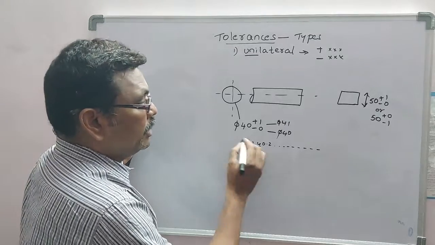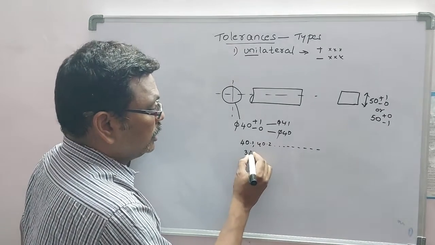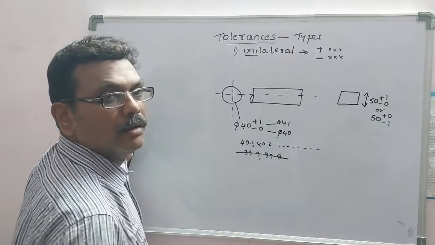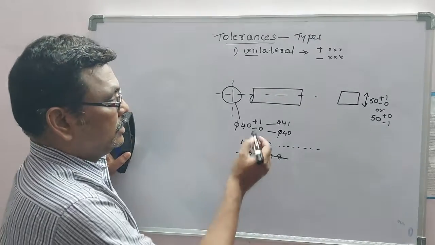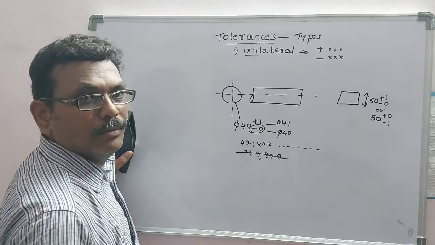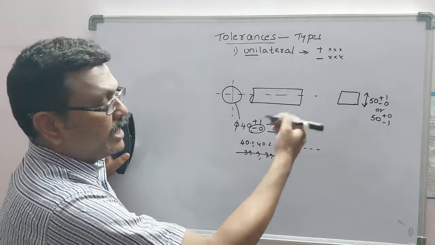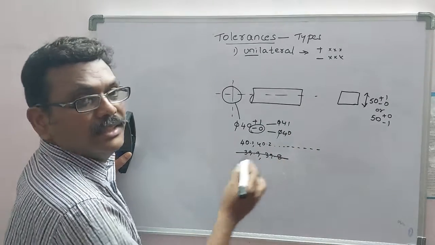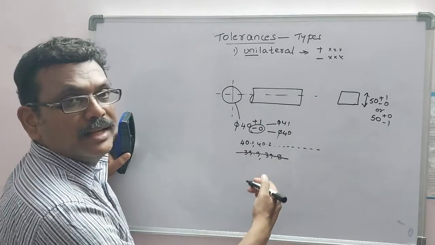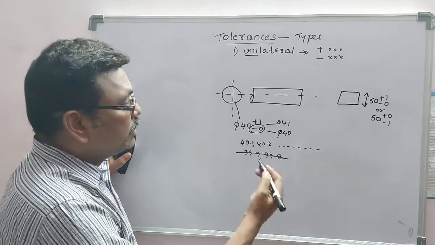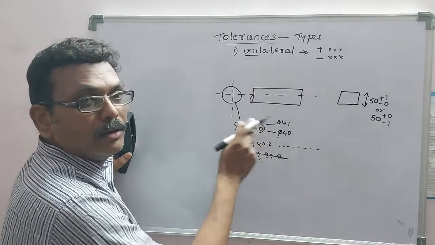And minimum, it should not go to 39.9, 39.8. Why? Because it is 0. So if you observe here, only one side of the diameter is increasing. It is not decreasing, because we have given unilateral tolerance.